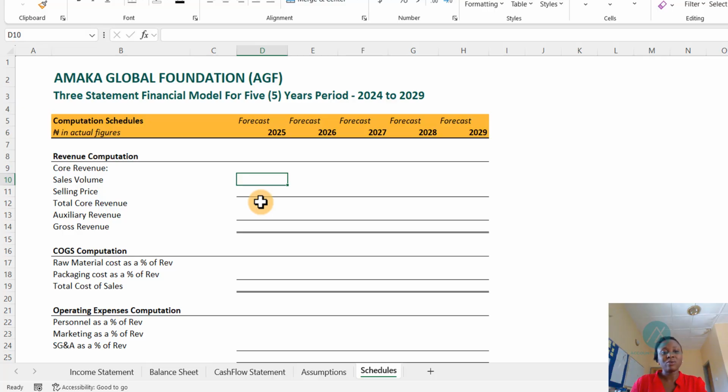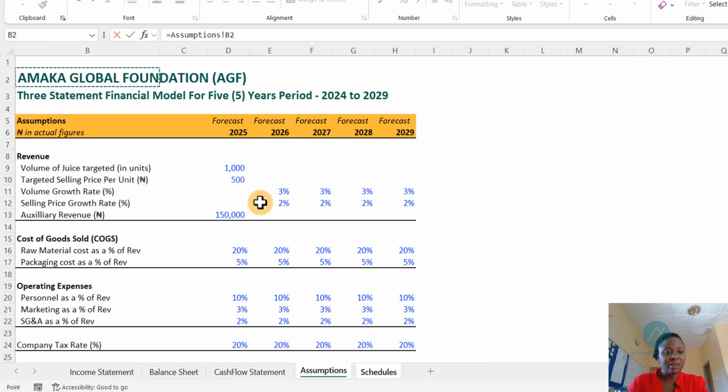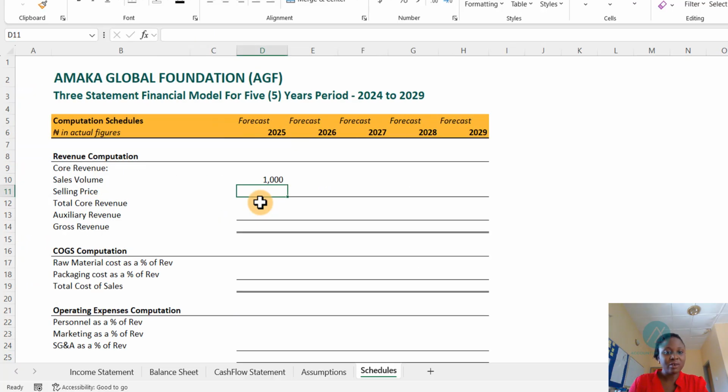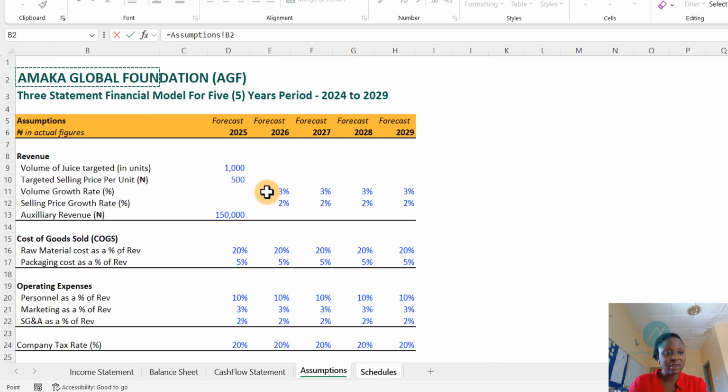Remember, we have our assumptions. So the sales volume, we'll pick the volume we have at the assumption. So we'll just go up the sheets and here we go. So this is the assumption we have for 2025 for sales volume, 1,000. So this is the sales volume and the selling price. We pick the assumption. So just watch the way I'm moving to the sheet.